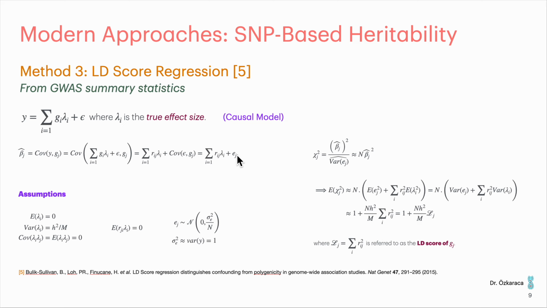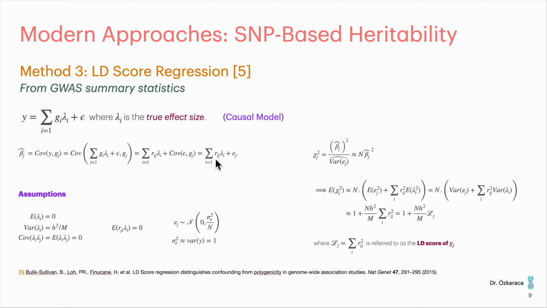In this context, the term within the sum represents the indirect effect of a single SNP, and r corresponds to the correlation between two SNPs. Here lambda_i is the true effect size of SNP i, which is 0 if it has no causal effect on the trait, and non-zero otherwise.